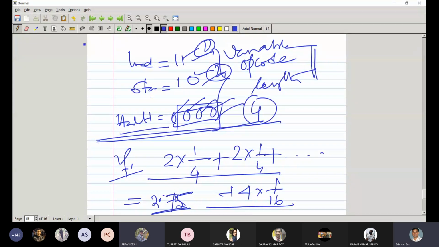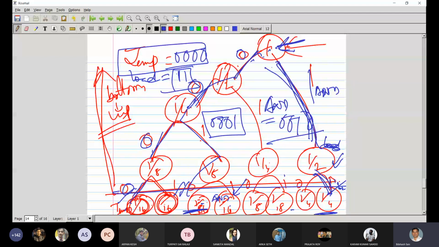Can you explain once more the last part? The last part I am telling: the length of the bit, you will make a chart for load, store, add, not, everything, from the graph. From your graph, you will make the chart for each of the instructions. If you traverse it, automatically the length will come, maybe 0, 1, 1, which is a 3-bit length, or 0, 0, 1, 1, which is a 4-bit length.